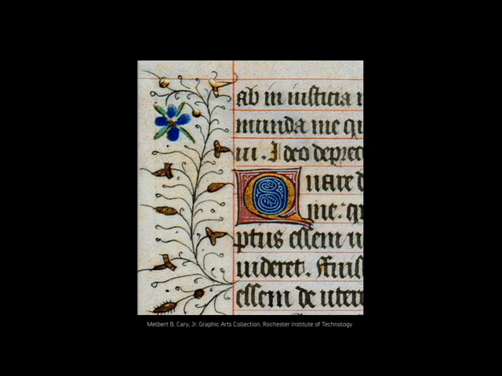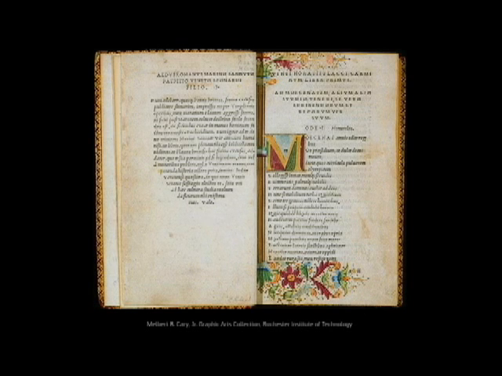Like this 15th century book of hours, all hand-lettered, of course, and hand-illuminated with gold leaf. You really can't get that kind of color on a plotter or an inkjet printer. And here are Horace's works, printed by Aldus Manutius.